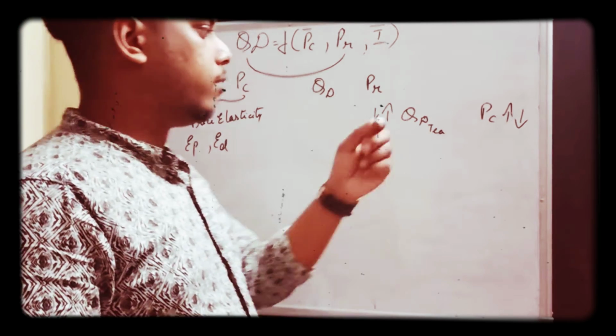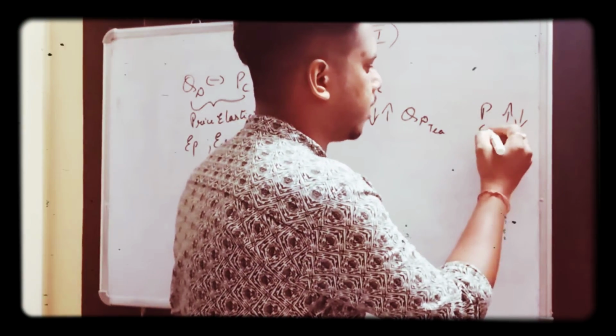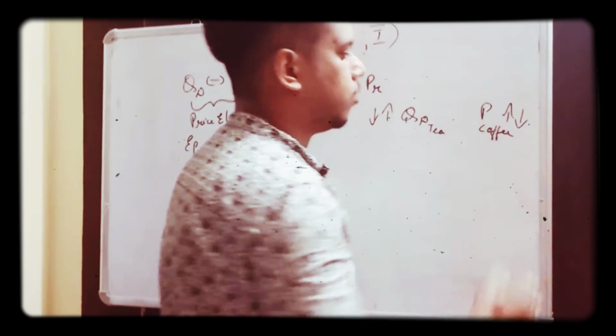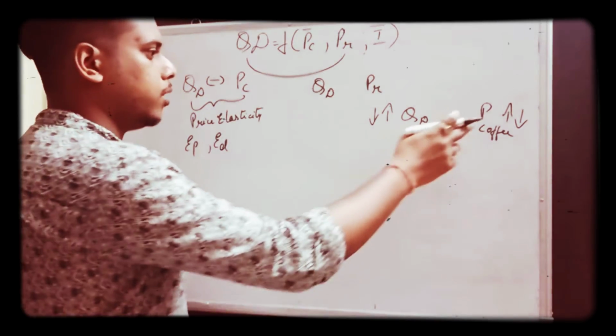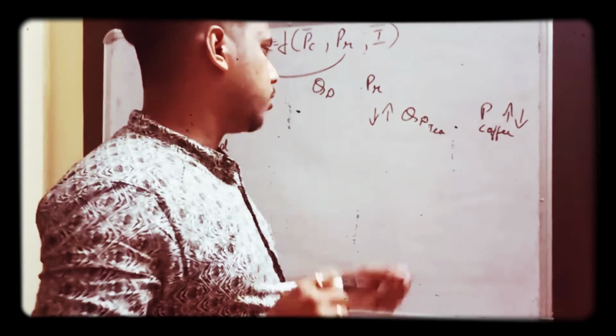So what do we see? If the price of coffee changes, it is not the price of the commodity, rather it is the price of coffee over here. Don't confuse the two PCs.